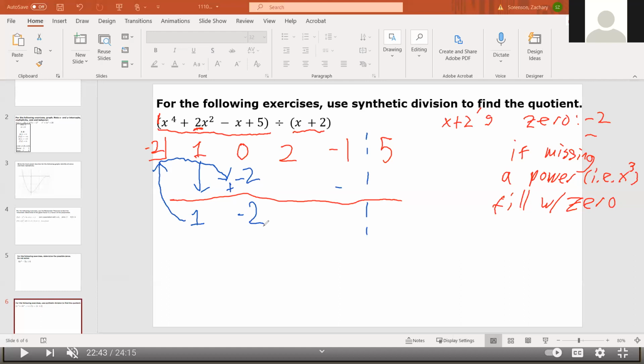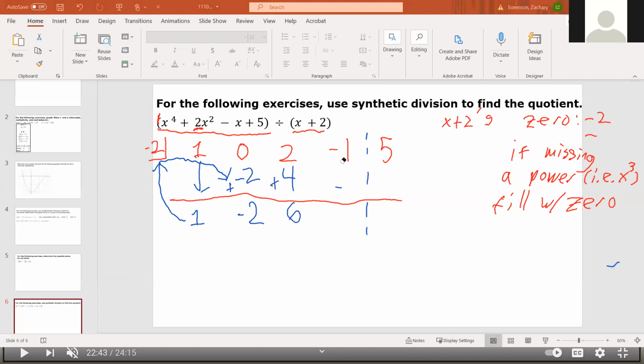And that's the process. The first step, we always drop something down. After that, we do this cycle of multiply by the thing in the box, put that thing below the next term, add. Multiply by the thing in the box, -2 times -2 is 4. Put it there, add 6.